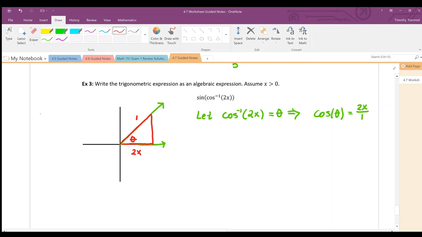So we'll have 2x squared plus b squared is equal to 1 squared. And we're just going to solve for b here now. So you have b squared is equal to 1 minus, and if you square 1, you get 1, and if you square 2x, you get 4x squared. So this missing side length here is just the square root of 1 minus 4x squared.